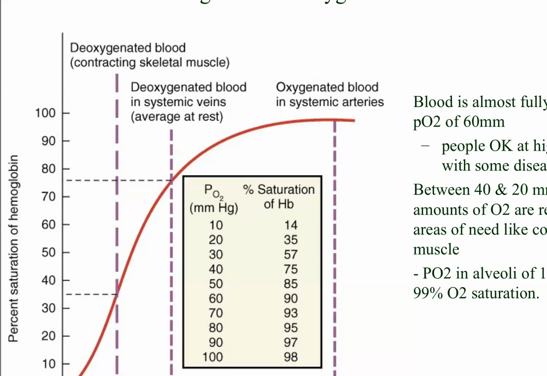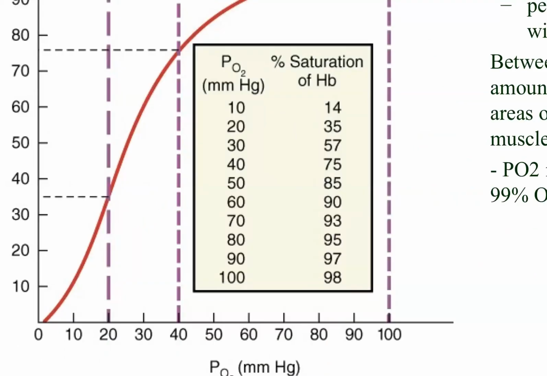This is a sign that we will unload oxygen or not unload oxygen dependent on the activity. So the more active the tissue, the more oxygen it uses, the lower the oxygen content in that area.